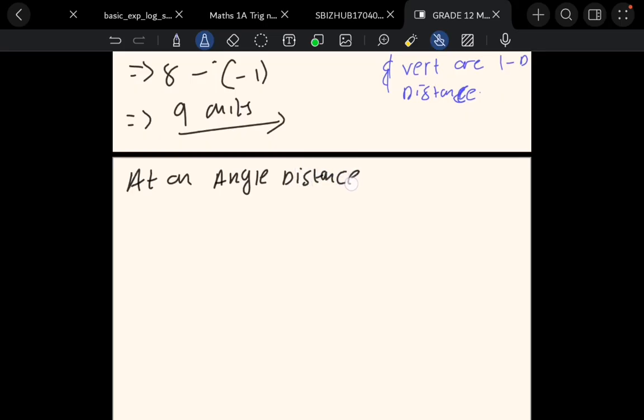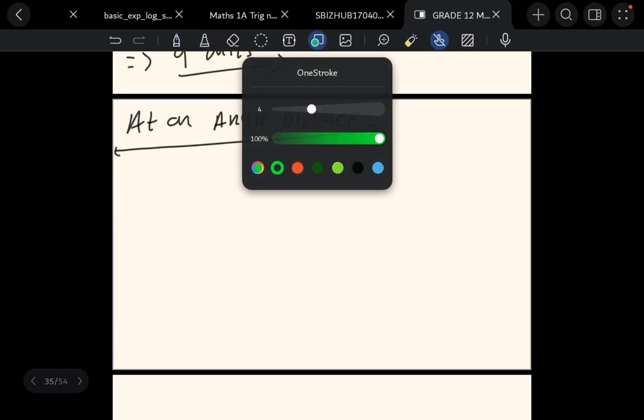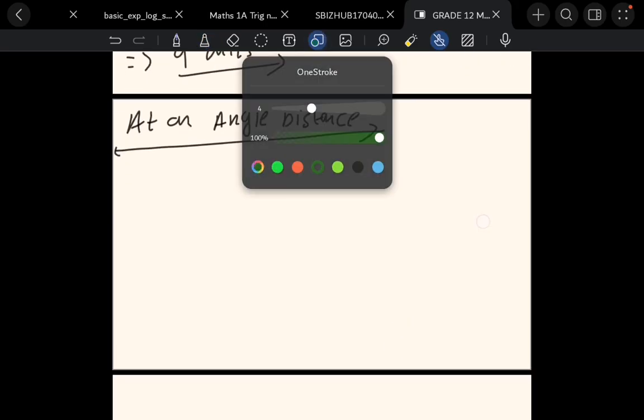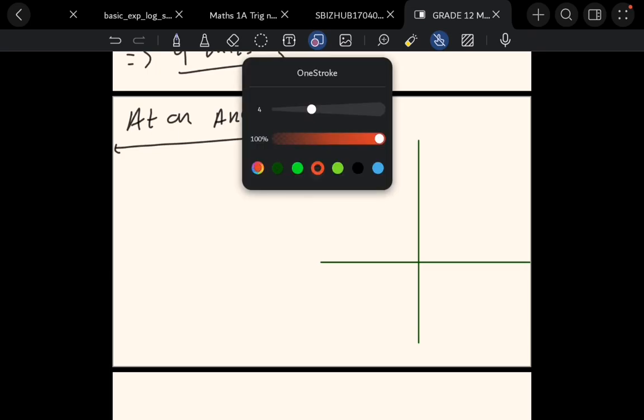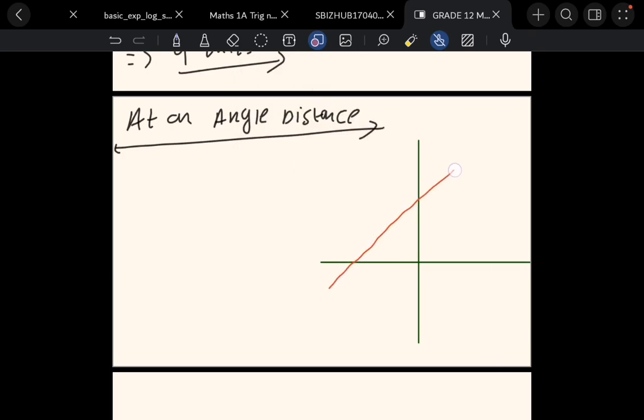I'm going to draw a new Cartesian plane here, and I'm going to substitute two distances there. I don't know what type of them they are, but let me just name them at the end.